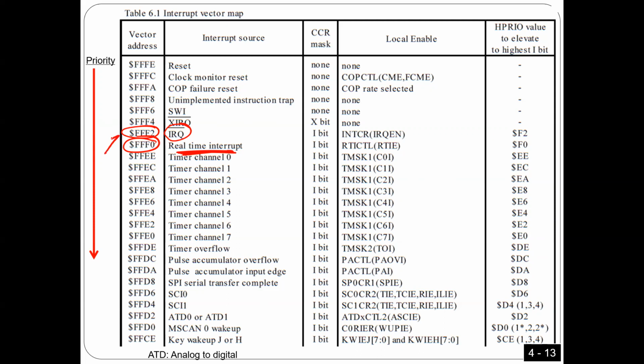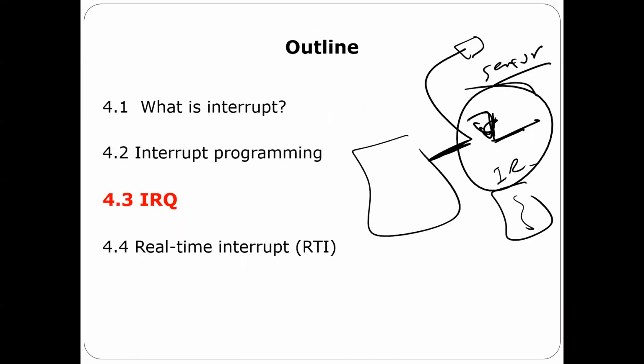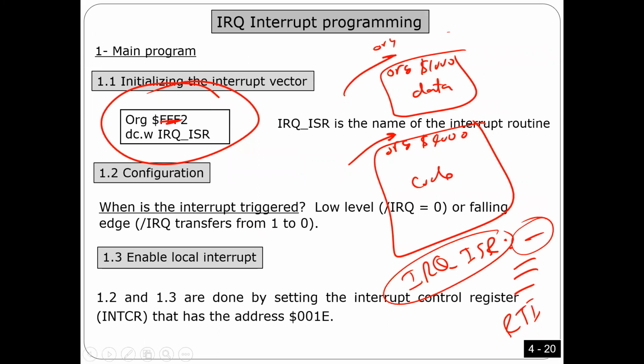This location is reserved for the beginning address of IRQ. This is the agreement between the programmer and the microcontroller: you can put your subroutine anywhere, but in order to know where it is, you have to put the beginning address in these fixed locations. This is the first thing you have to do.